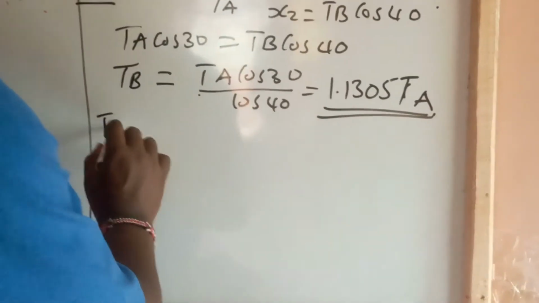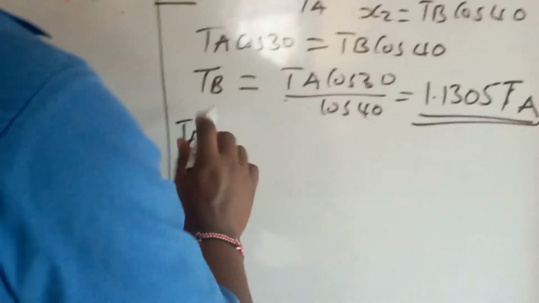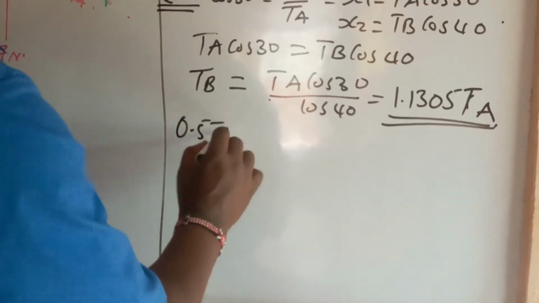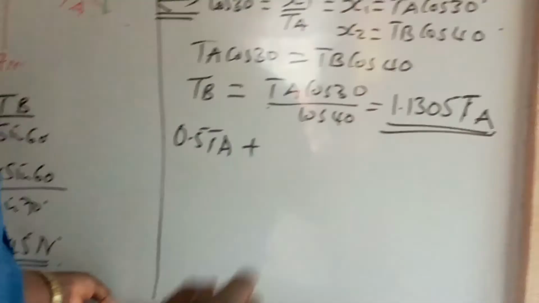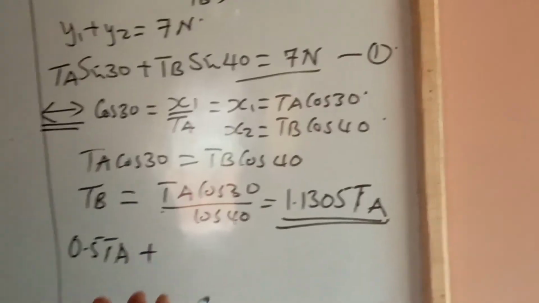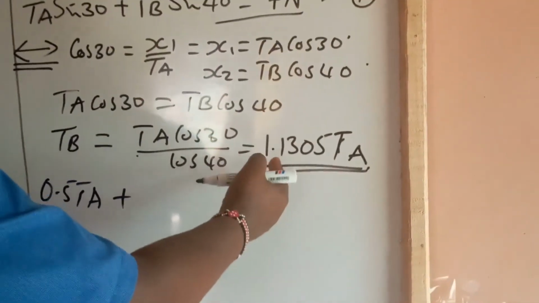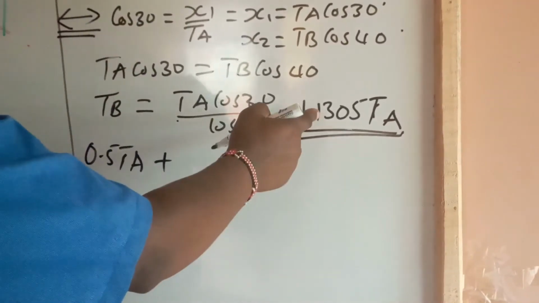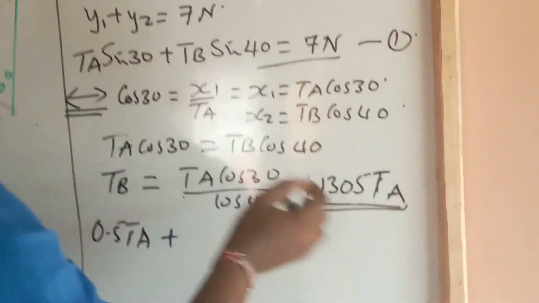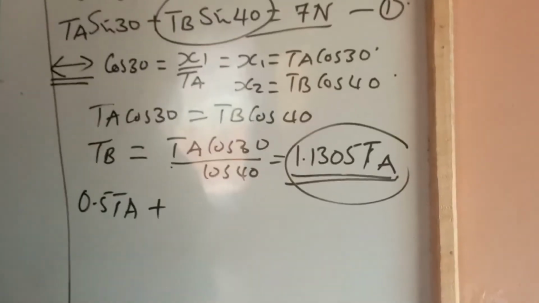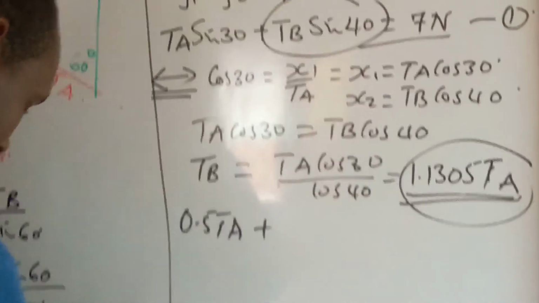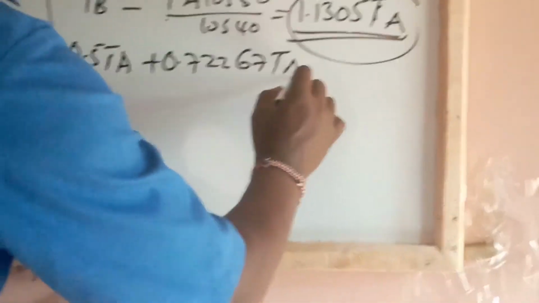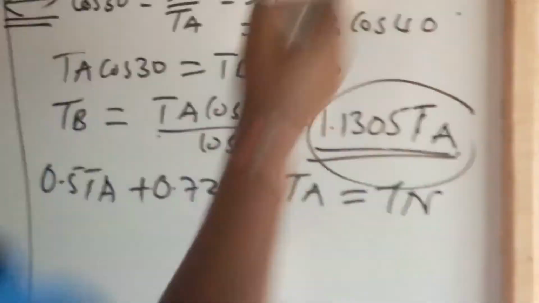So TA sine 30, with sine 30 being 0.5, gives 0.5 TA, plus now the TB, 1.1305 TA times sine 40, which is going to give us 0.72267 TA. All this is going to be 7 newtons as far as equation 1 is concerned.